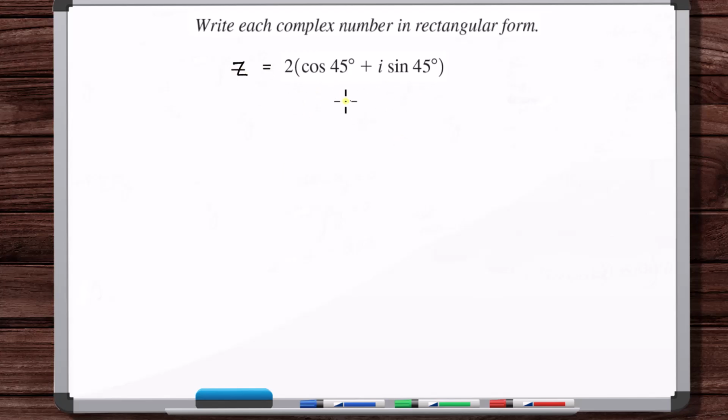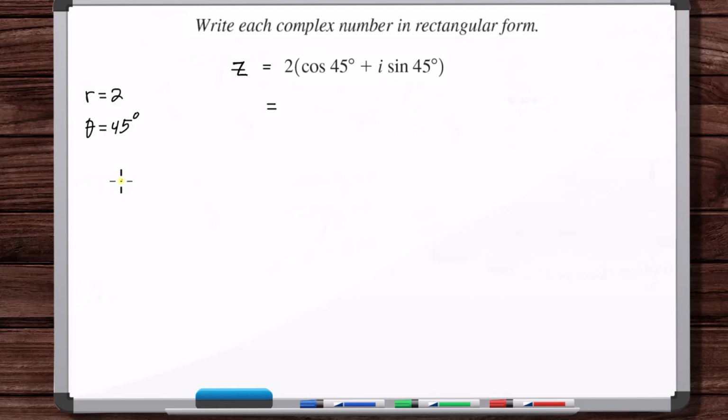All we need to do is simplify everything, because we can see that r is equal to 2 and theta is equal to 45 degrees. If we distribute the 2, we're going to have r cosine theta plus r sine theta, and that's what x and y are equal to. X is r cosine theta, y is r sine theta.